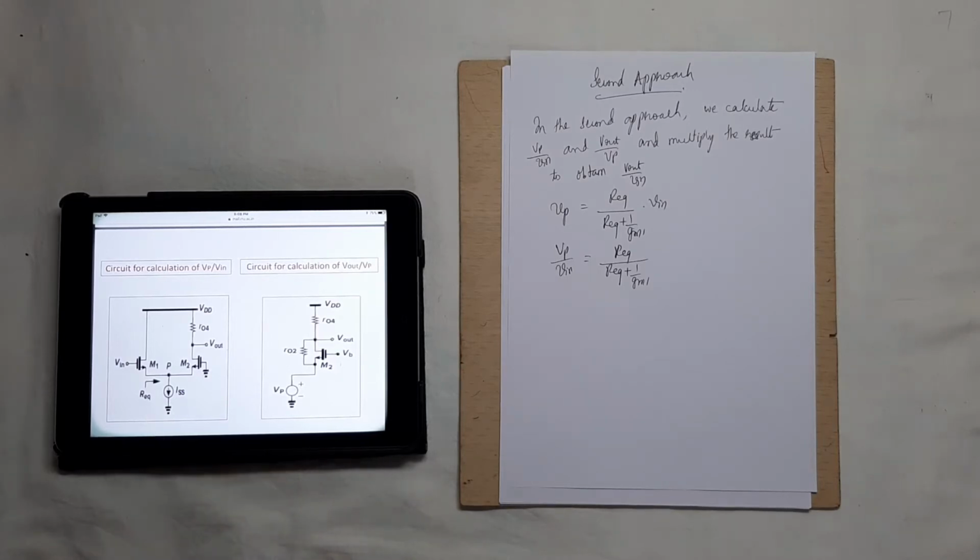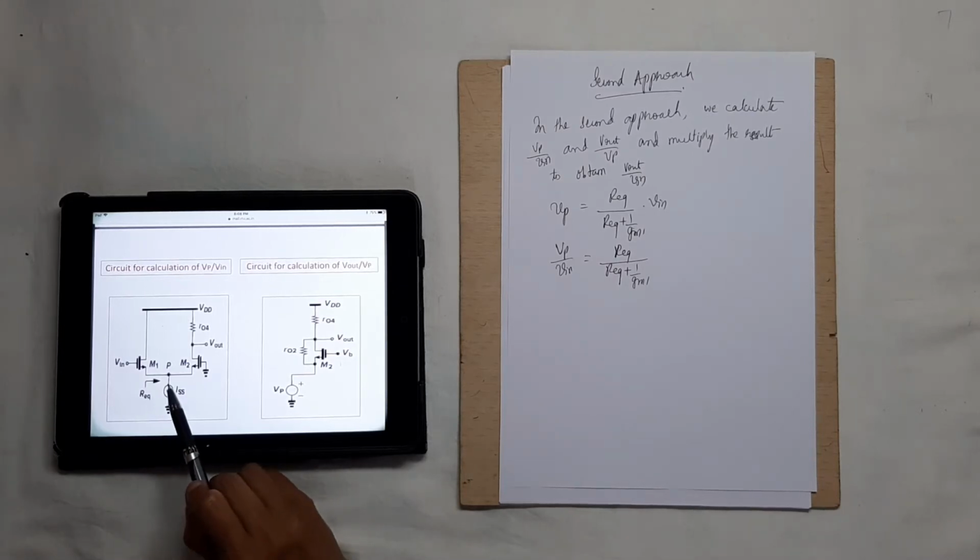Now what is R equivalent? We need to write the equation of the R equivalent. It is the resistance seen looking into the source of M2.